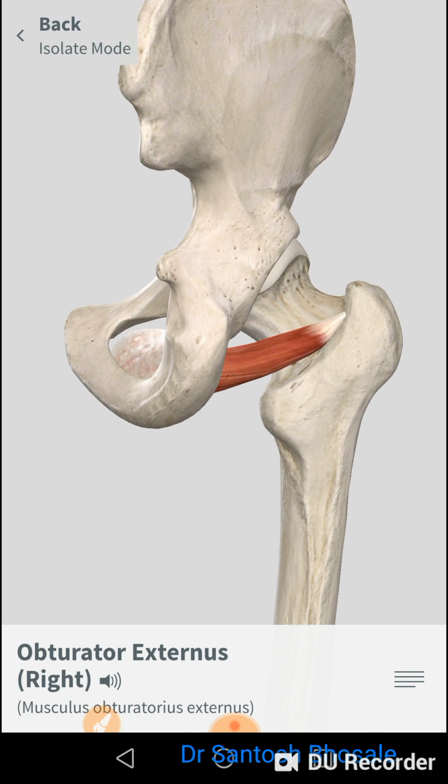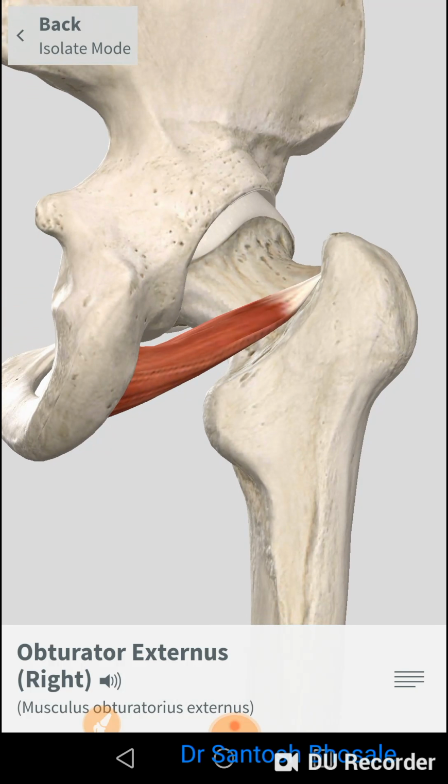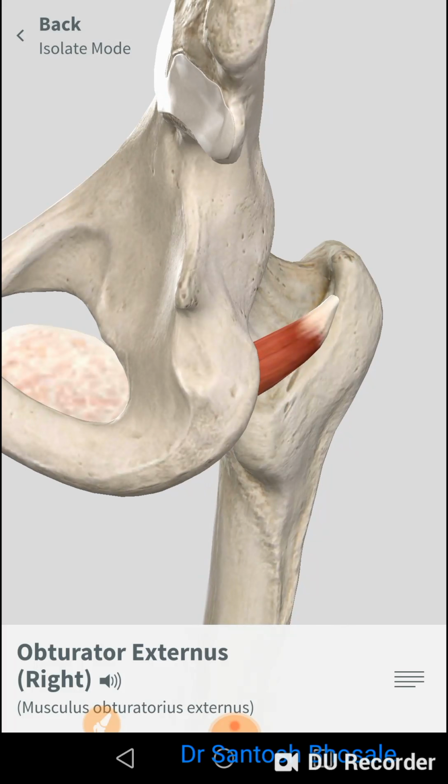I told you the posterior surface of the neck is grooved by the tendon of obturator externus. Being the external, it stays in this guest house formed by the trochanteric fossa. Remember trochanteric fossa like a guest house. Whenever an external comes, he resides in the guest house. So obturator externus goes to the trochanteric fossa. So these are the attachments of the upper end.